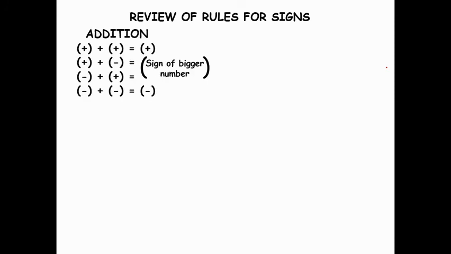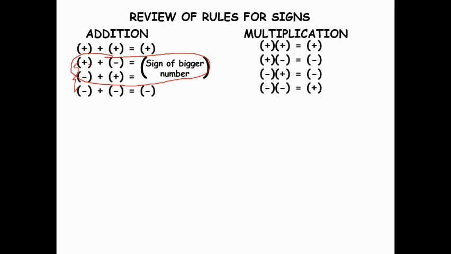But as you can tell from the previous example, the FOIL method of factoring requires a lot of trial and error. So let's take a look at reviewing the signs, and this time concentrating on this section in here, okay? What happens here is the sign of the bigger number determines what is going to be positive and what's going to be negative, okay?